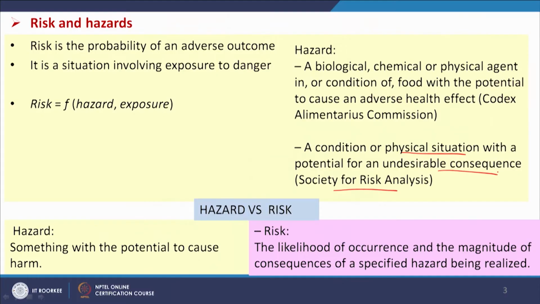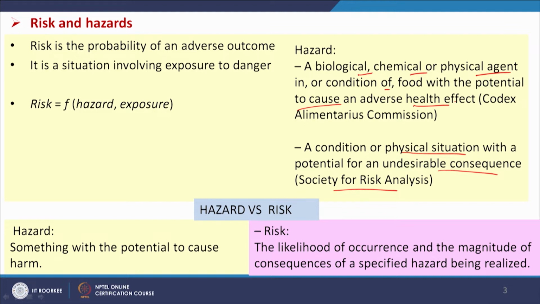Okay. So, as per the definition of the Society for Risk Analysis, hazard is a condition or physical situation with a potential for an undesirable consequence. Hazard can be defined in another way also, that is a biological, chemical or physical agent in or condition of food with the potential to cause an adverse health effect.